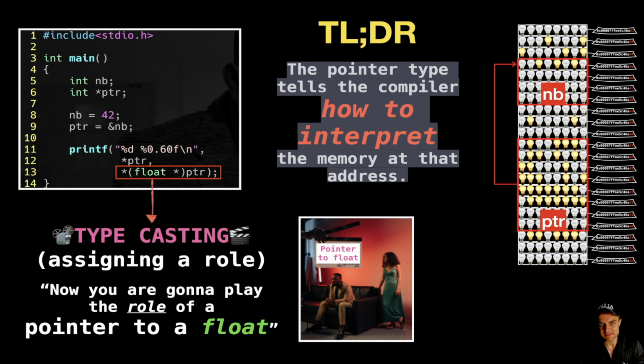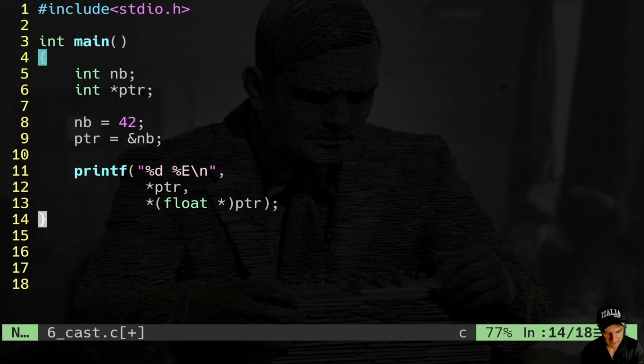When we do a cast, we are assigning a role to a pointer in this case. So we are assigning the role of a pointer to a float to my pointer. So here I'm telling ptr, hey dude, I know that you are a pointer to an integer, but this time you're gonna play the role of a pointer to a float. So we're gonna do another printf, and we're gonna dereference again the pointer, but this time of type float. So here you come, my friend. This is the actual program.